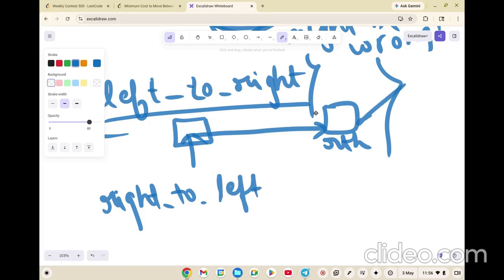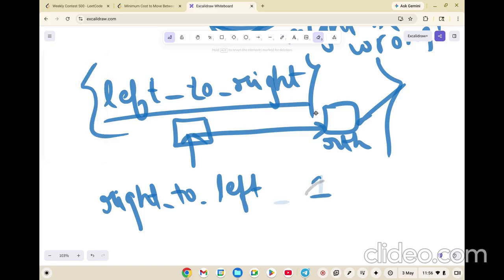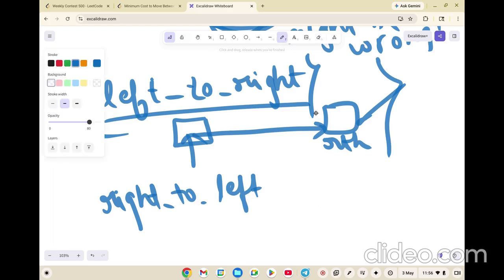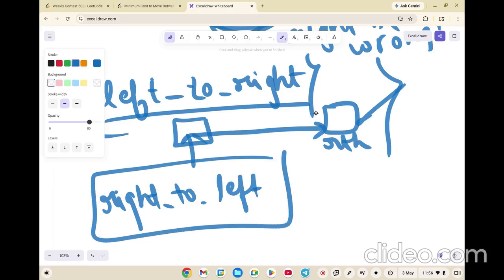So what I'm trying to say is, let's first create the closest vector. The closest vector is initially the same for every case. For this it will be, sorry, not 0, it will be 1. So 1 for this, 2 for this, 1 for this, and 2 for this.